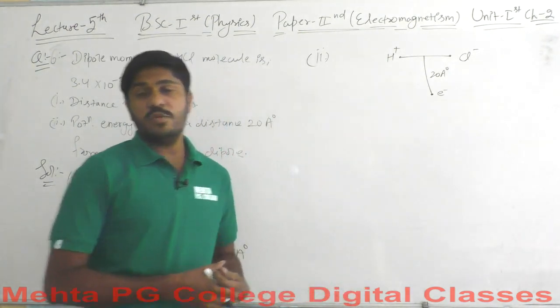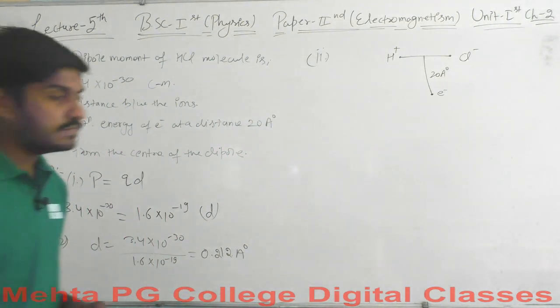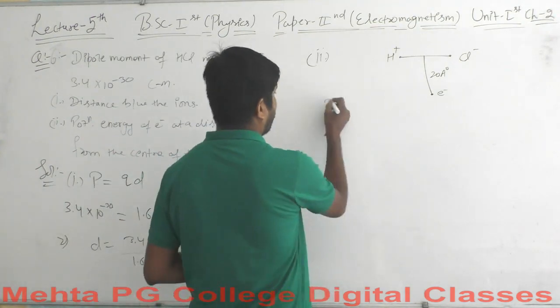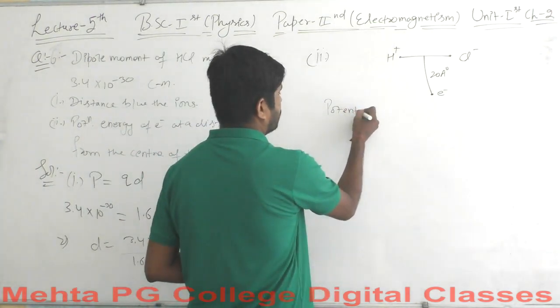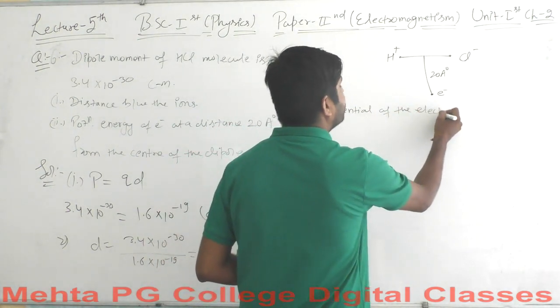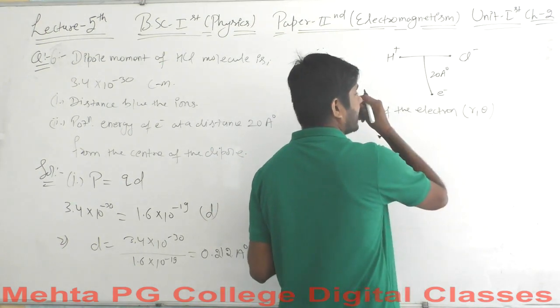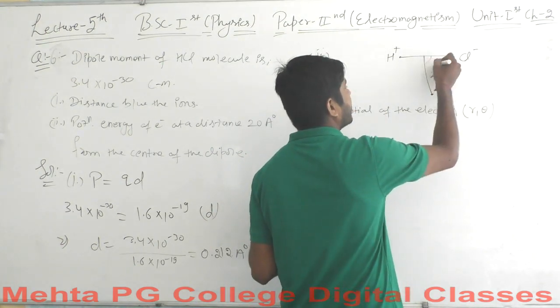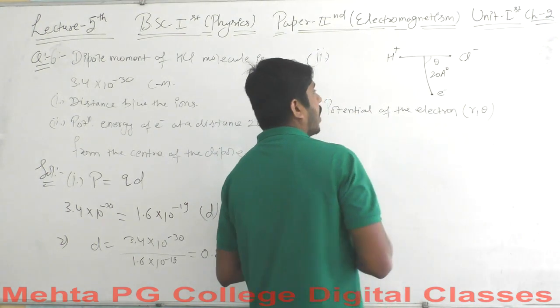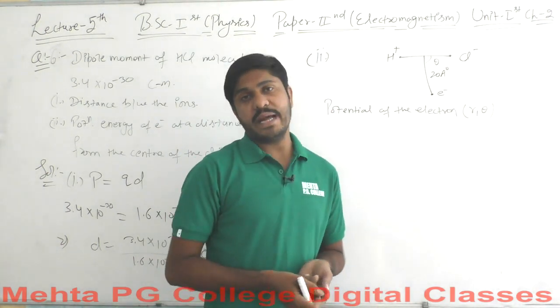So what should be the value of potential energy? For the potential energy of the electron, first we should calculate the potential of the electron, with r and theta as the coordinates here. Let's say this makes an angle theta with the center of the dipole, because H plus and Cl negative are forming a dipole here.